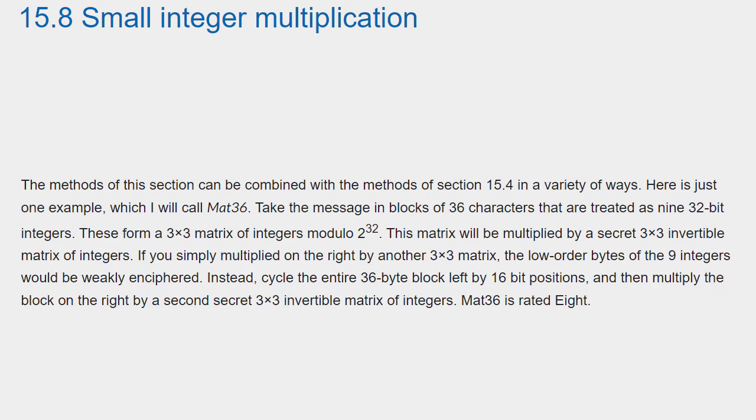If you simply multiplied on the right by another 3x3 matrix, the low-order bytes of the 9 integers would be weakly enciphered. Instead, cycle the entire 36-byte block left by 16-bit positions, and then multiply the block on the right by a second secret 3x3 invertible matrix of integers. MAT36 is rated 8.